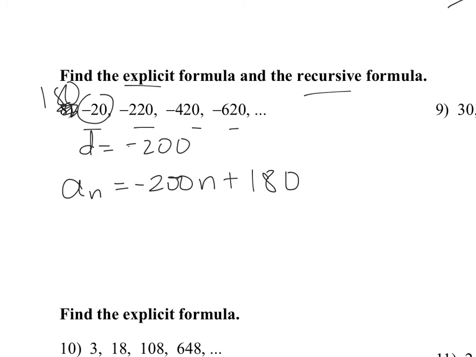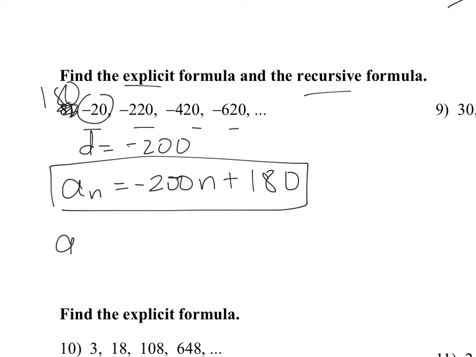Now it also asks for a recursive formula. So recall, a recursive formula is one that gives you a starting place, a first term, and then it describes a way to get to the next term. So this would be the explicit formula here. The recursive formula would be, all right, the first term a sub 1 is negative 20.